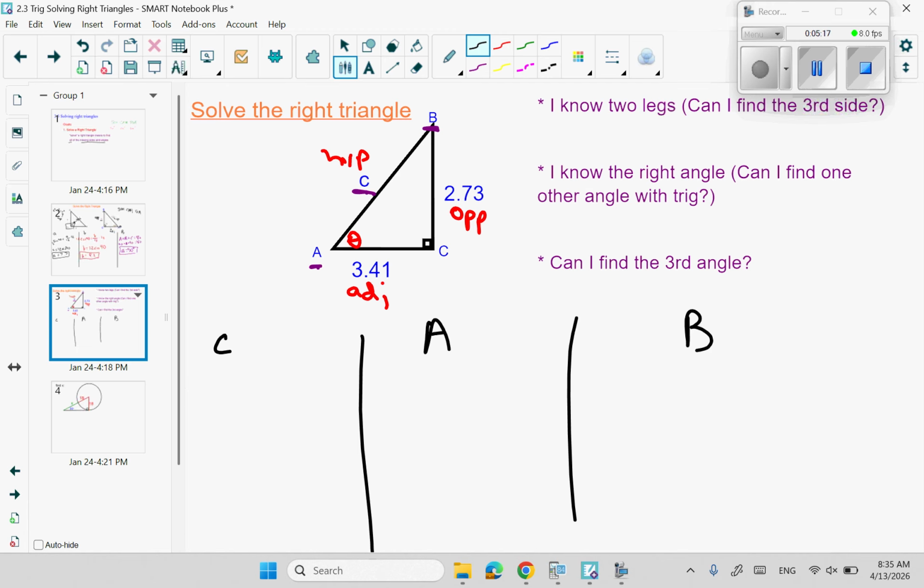And again, the nice thing is, functionally, these just turn into three separate problems. So for example, I can solve for little c because I have two other sides. I can use the Pythagorean theorem. So a squared plus b squared equals c squared. Therefore, c equals the square root of a squared plus b squared.